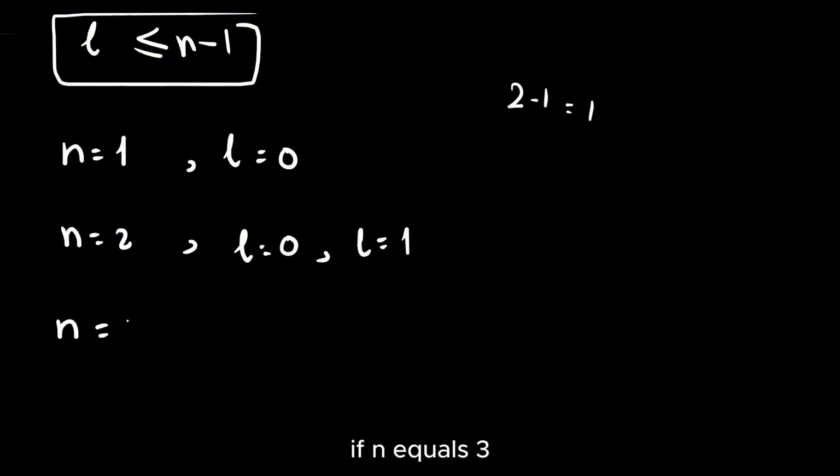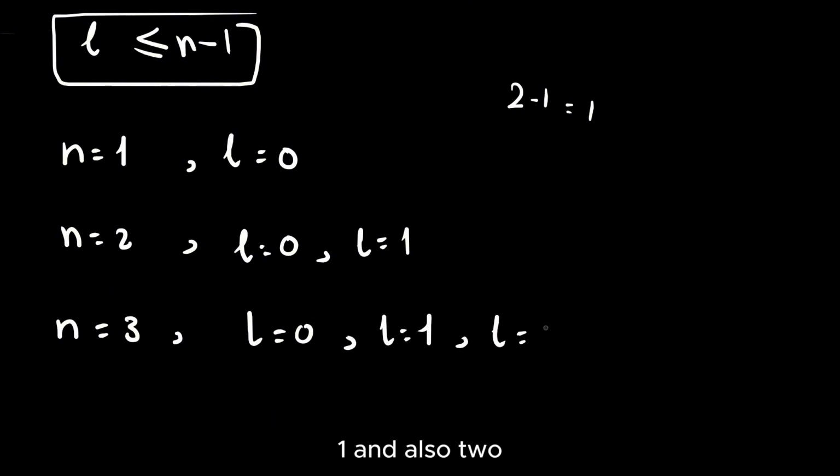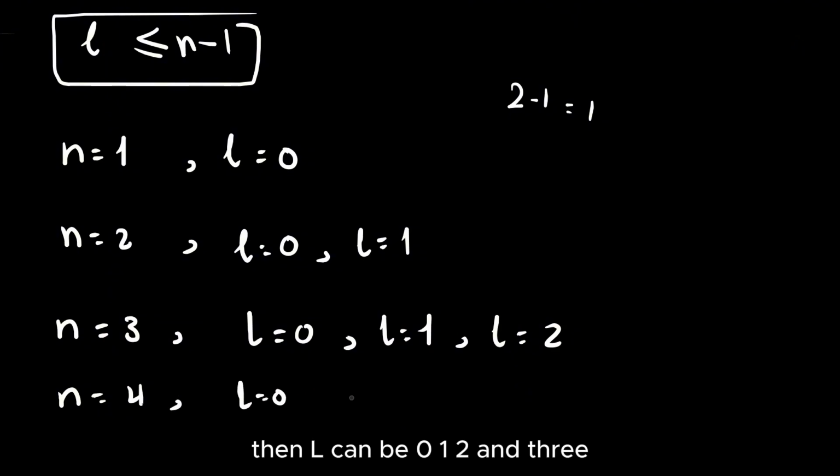If N equals 3, then L can equal 0, 1, and also 2. If N equals 4, then L can be 0, 1, 2, and 3.